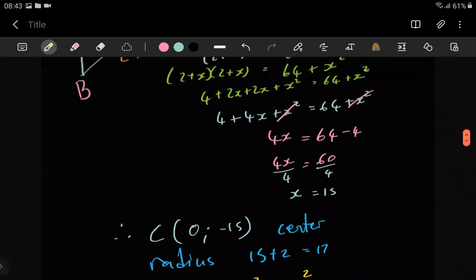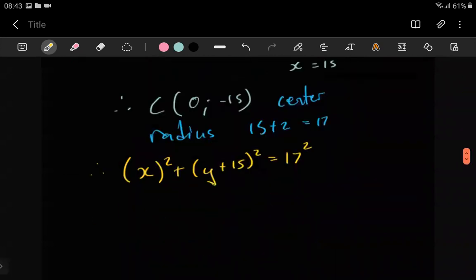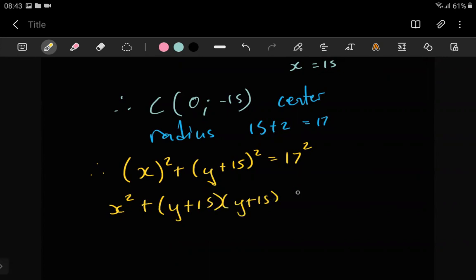But to get the other 2 to give you 8, you just have to multiply out your bracket. Here this one is set, there's nothing to do, so you can just leave it as x squared. Here now, you have y plus 15 twice, so 2 brackets that look like this. So x squared, y times y, y squared, y times 15.